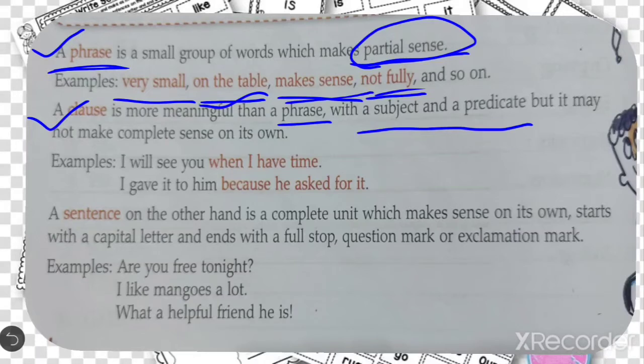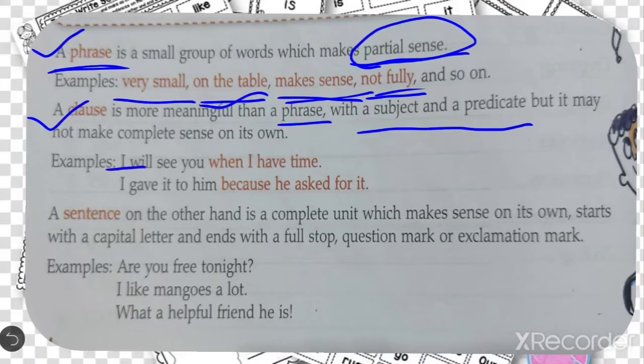For example, I will see you when I have time. Look, when I have time is a clause. I gave it to him because he asked for it. So look here, a clause: I will see you.